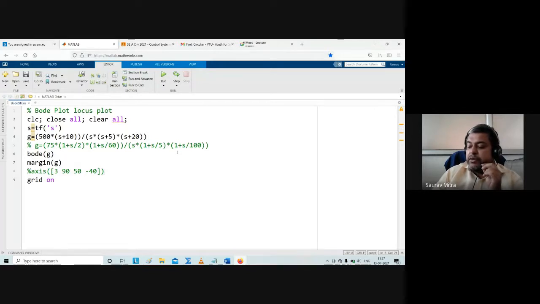And from 20 onwards, it will be minus 20 minus 20, because at the 20 corner frequency, another pole is getting added. That will add minus 20 dB per decade. So from 20 onwards, it will be minus 40 dB per decade.